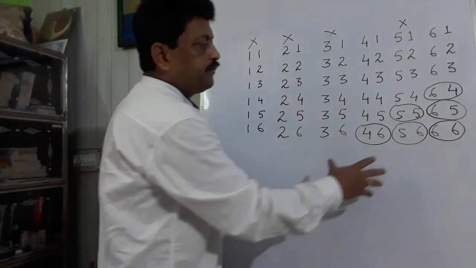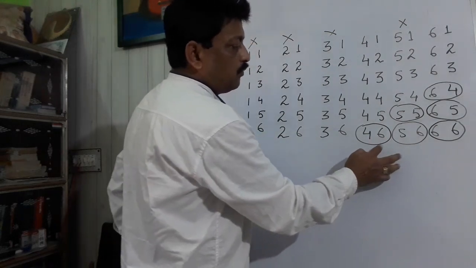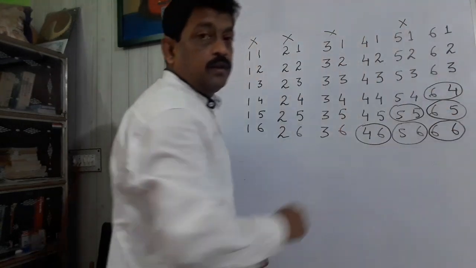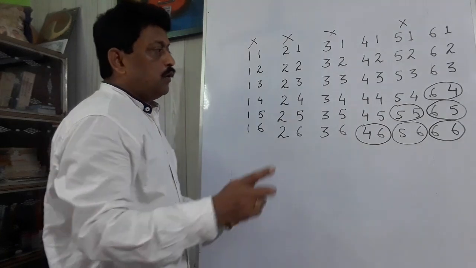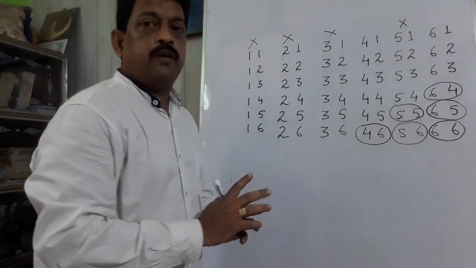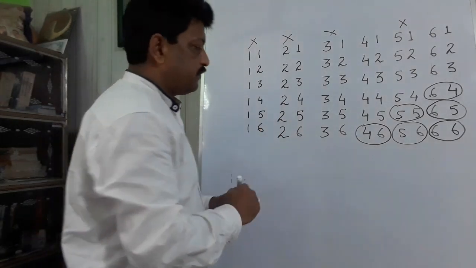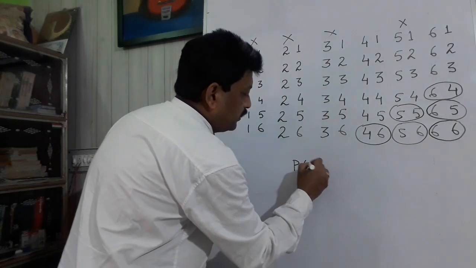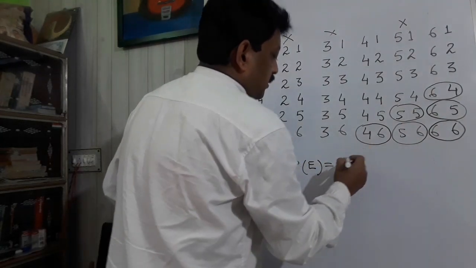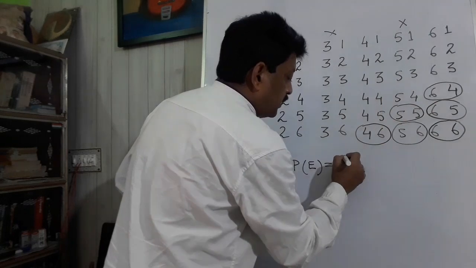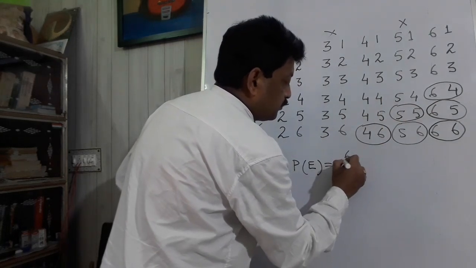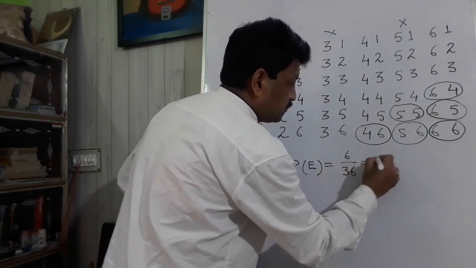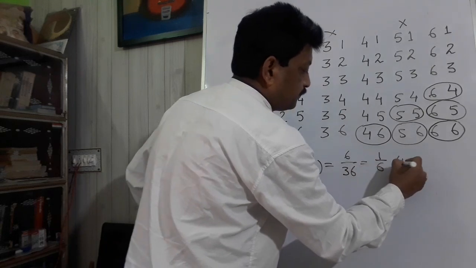Okay. So how many favorable outcomes are there? 1, 2, 3, 4, 5, 6. So 6 outcomes are favorable to this event. Therefore, the probability of getting a sum 10 or more than 10 is 6 upon 36, that is 1 upon 6.